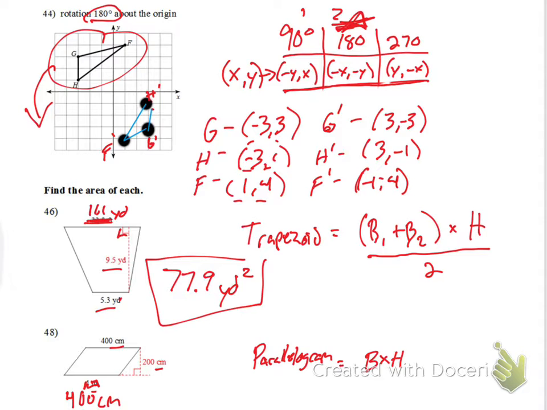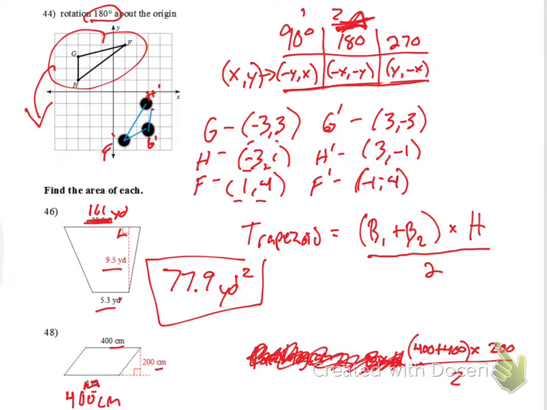So what I would need to do here is, this isn't just base times height. This would have to do 400 plus 400, because I got 2 bases, and then times the height, which is 200, over 2.